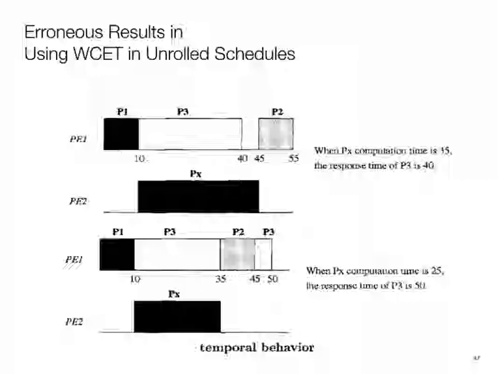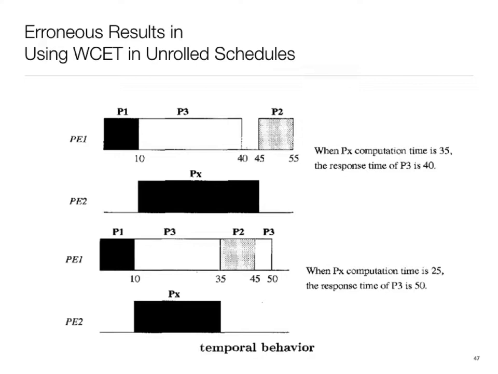I can't simply simulate assuming Px took the longest period. I have to simulate every possibility before I can declare that it will work. So for the simple question of whether a proposed partitioning, a proposed mapping of tasks to processors, works, the answer is that you have to exhaustively test for it.